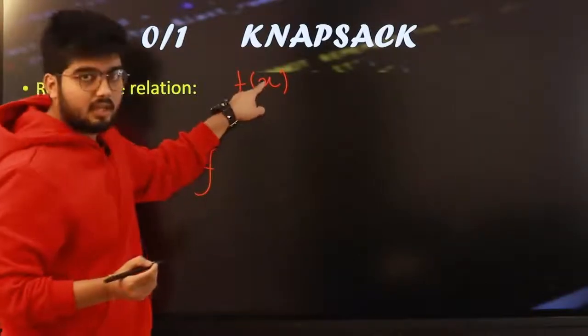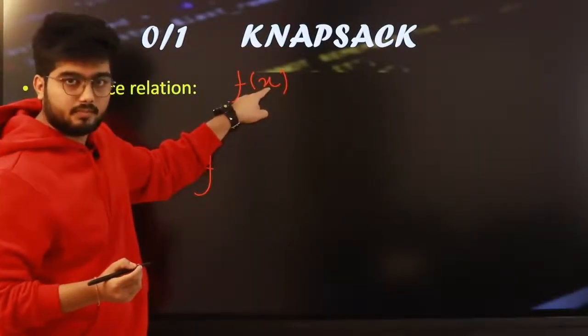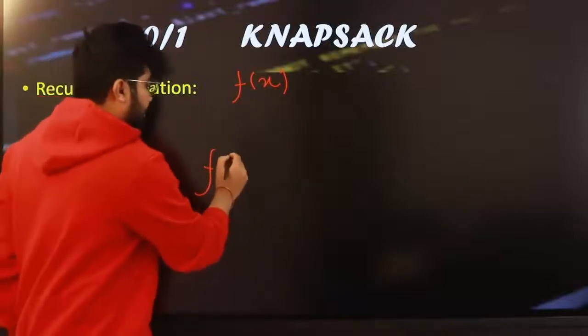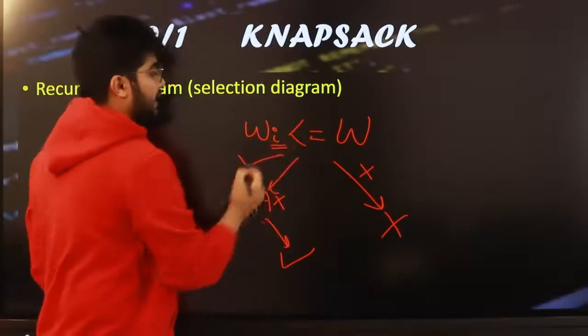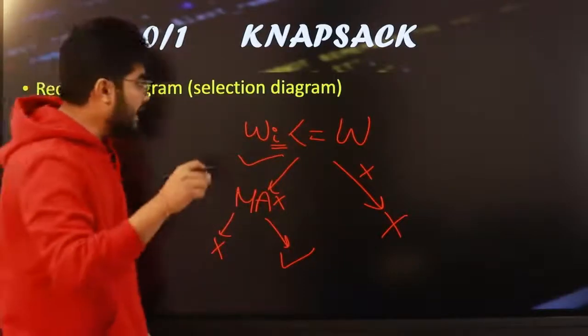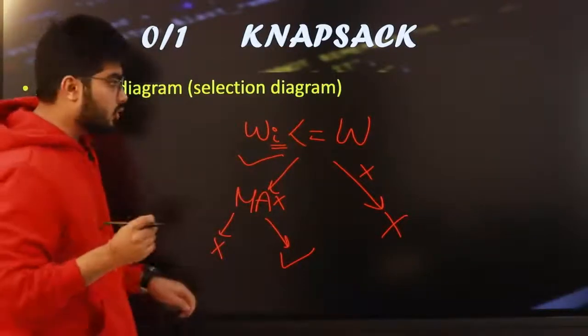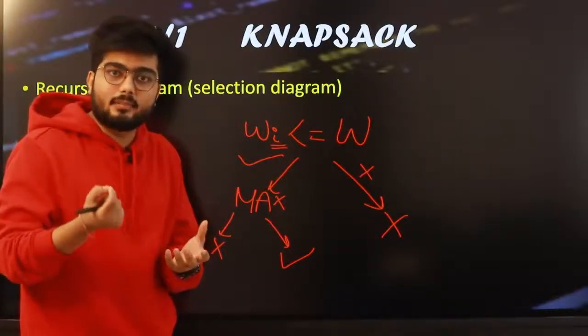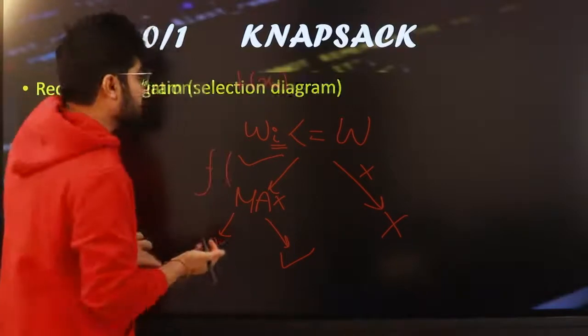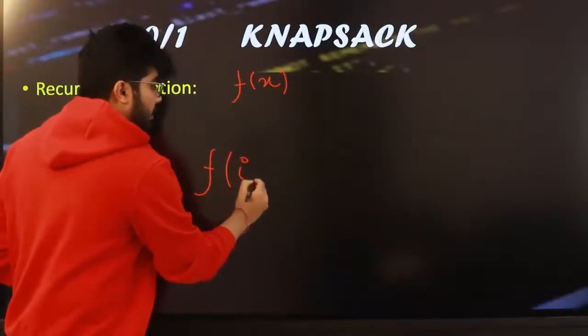Now x was a variable which keeps changing. So what are the variable parameters that are changing? The very first thing is the ith item. Should we include the ith item or not? Or which item we are talking about. It can be the first item, second item, third item, fourth, any item. So our first variable will be i.